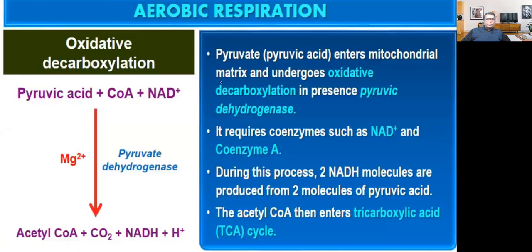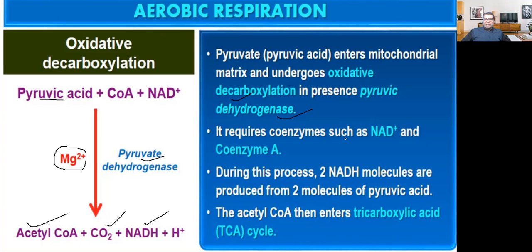Oxidative decarboxylation. Pyruvic acid enters the mitochondrial matrix and undergoes oxidative decarboxylation in the presence of pyruvate dehydrogenase. So pyruvic acid plus coenzyme A, NAD, and the presence of magnesium ion and pyruvate dehydrogenase is converted into acetyl coenzyme A; carbon dioxide is released and NADH is released.